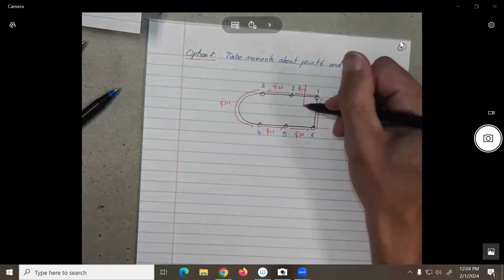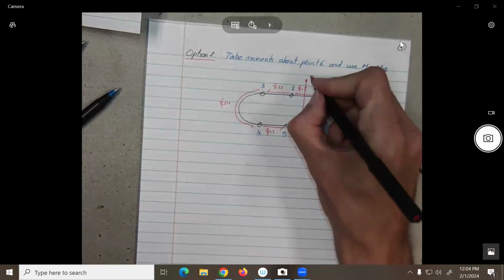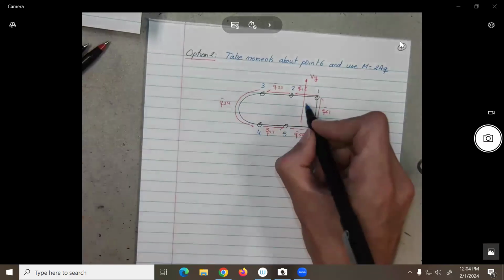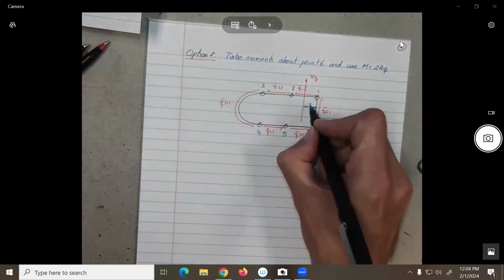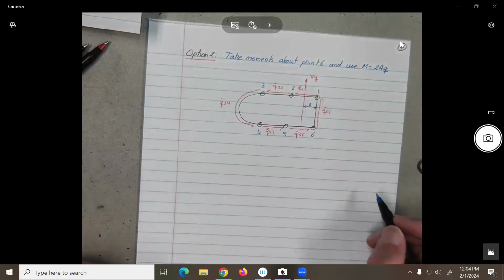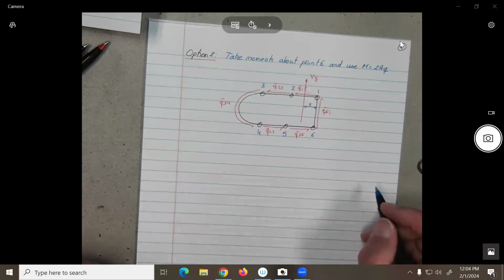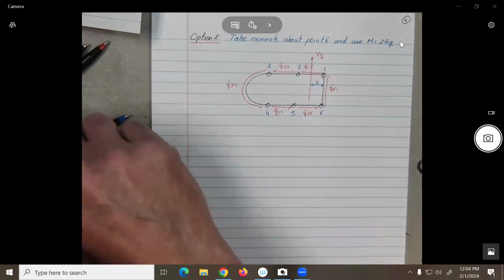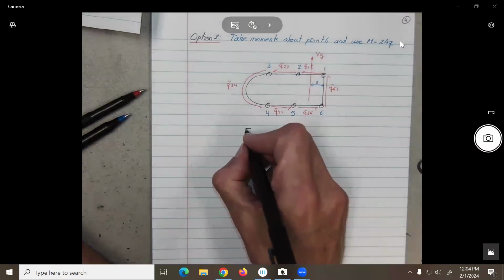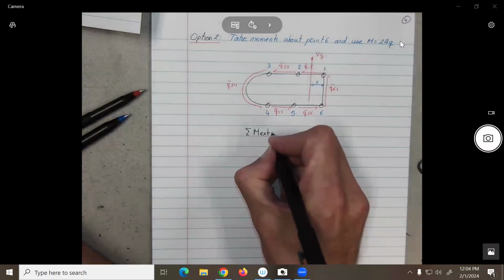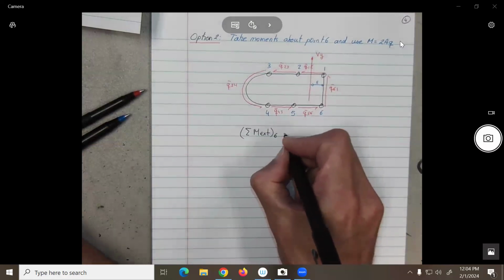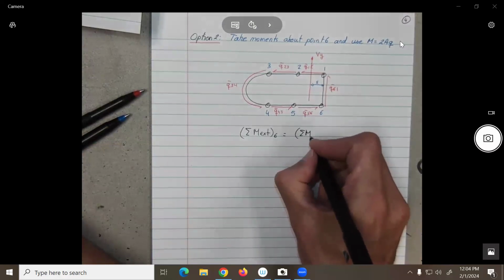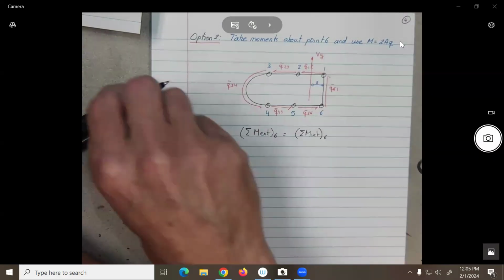As before, I'm going to put here the force Vy at a distance S. Okay, so basically what we're doing here is taking summation of moments external about point 6 will be equal to the summation of moments internal about point 6.